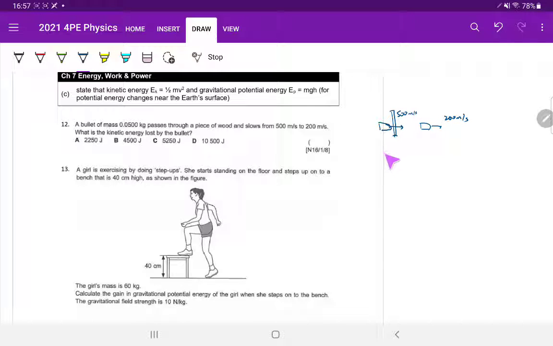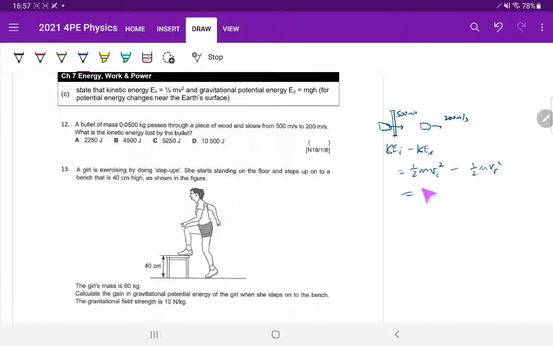It's really just KE initial minus KE final, right? So KE initial minus KE final equals half m v initial squared minus half m v final squared.